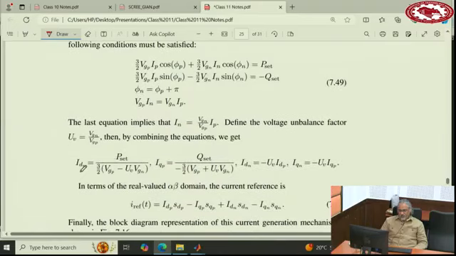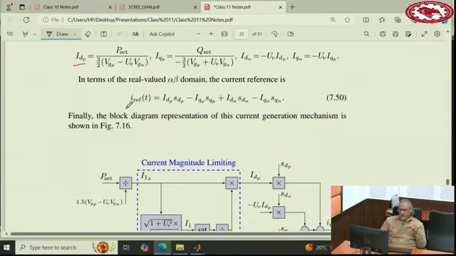So you choose IDP equal to this, IQP equal to this one, IDN equal to this one. This basically satisfies the real power set point, this satisfies the reactive power set point, and these two together satisfy that the pulsations from the real power are removed. So your real power becomes smooth and constant. And then finally, your reference is this one.